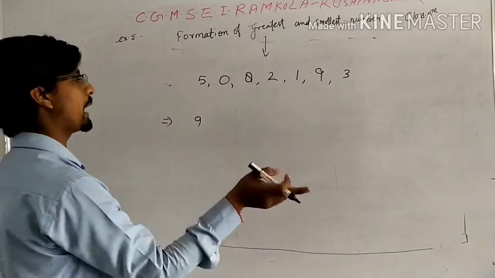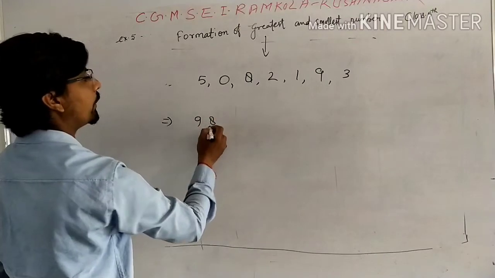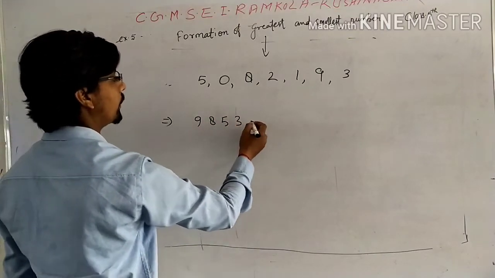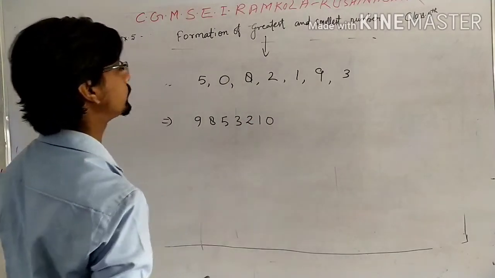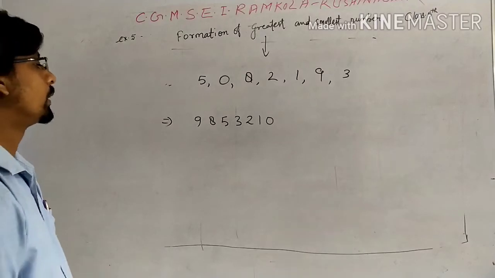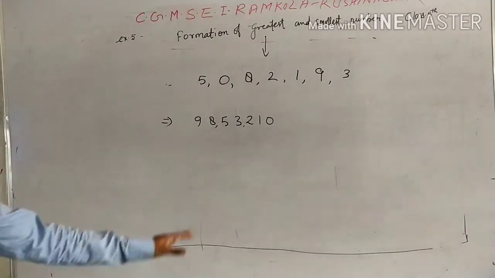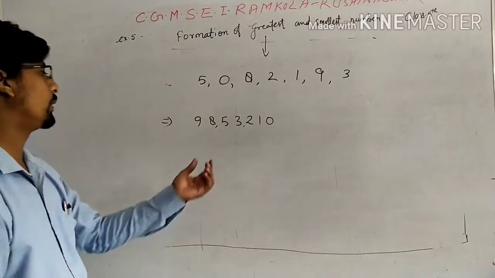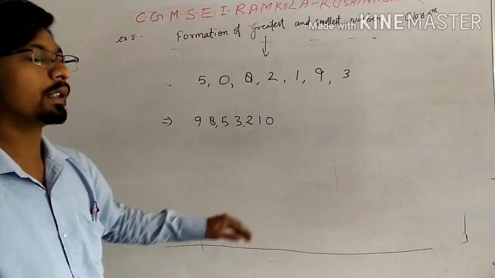So according to that, first we put the 9, then 8, then 5, then 3, 2, 1, 0. So this is your greatest 7-digit number. You can see all the digits are in descending order.